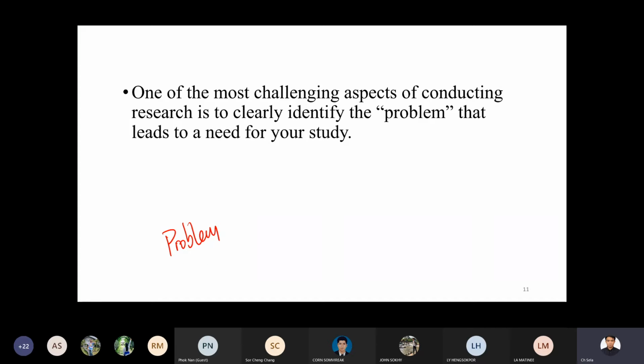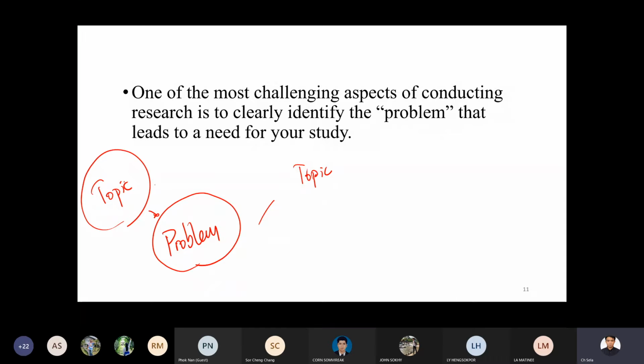If you do not identify the problem, how can you have the topic? Some people can have the topic in advance. It depends on you. Some people have this number one and this number two, and some have this and number two. And just keep in mind that your research topic can be modified.